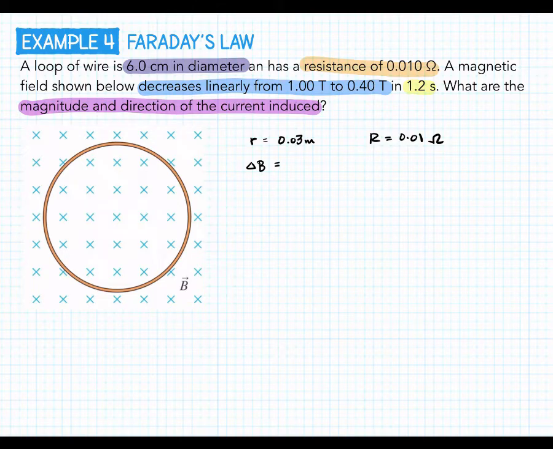Decreasing. Okay. So we start with this. It's just d phi m over dt, and our current is equal to that over R. Alright? What do we know about flux?